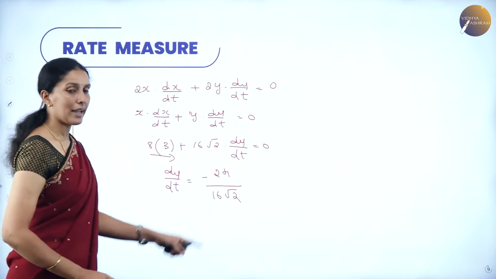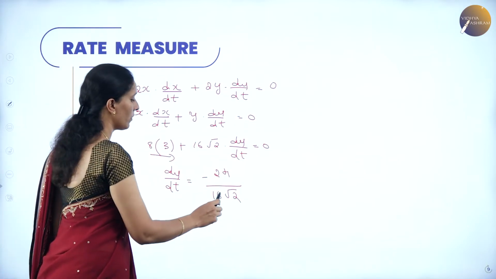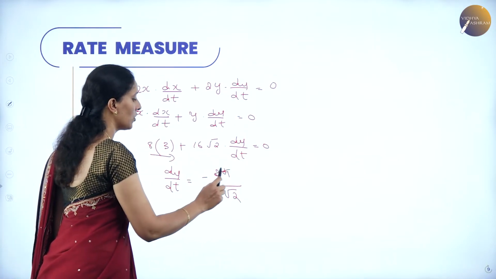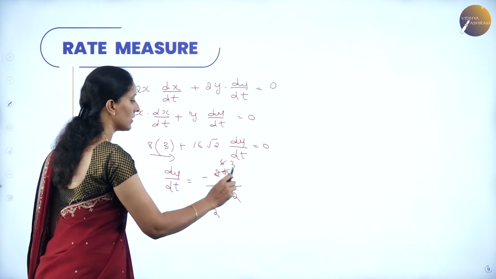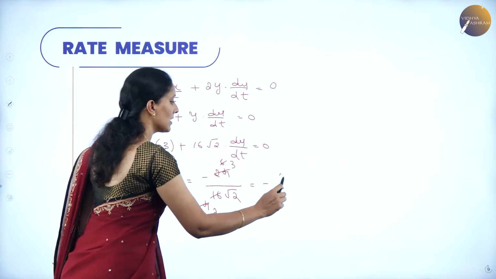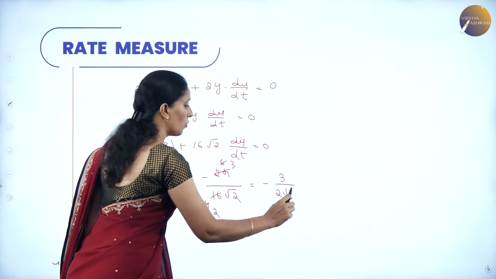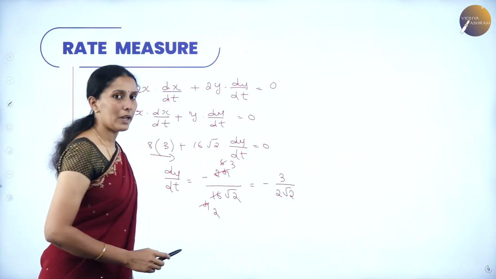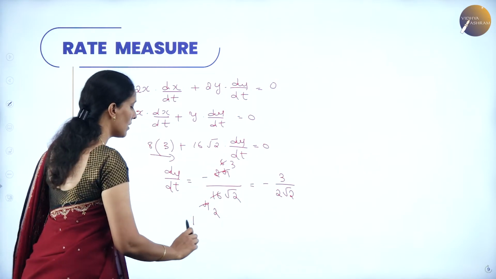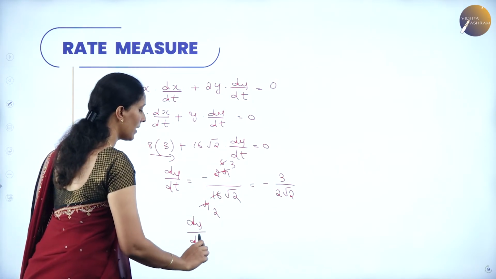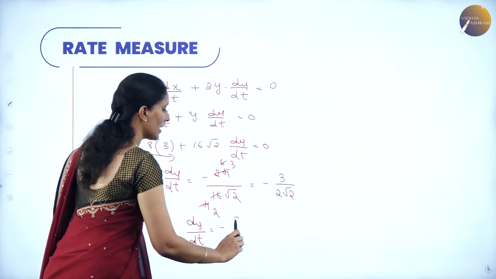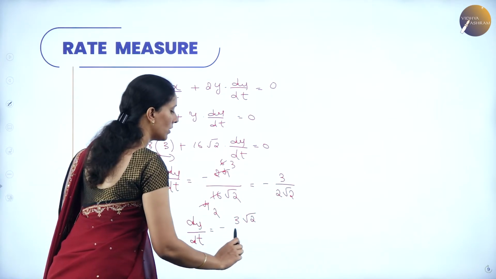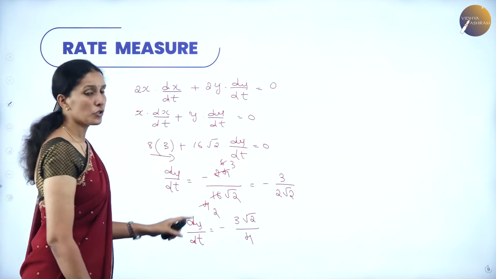Again you can cancel this: 4 fours are 16, 4 sixes are 24, so you will get minus 3 by 2 root 2. To remove the root in the denominator, you multiply by root 2. So dy by dt, when you multiply by root 2, is minus 3 root 2 divided by 4. So what is this?